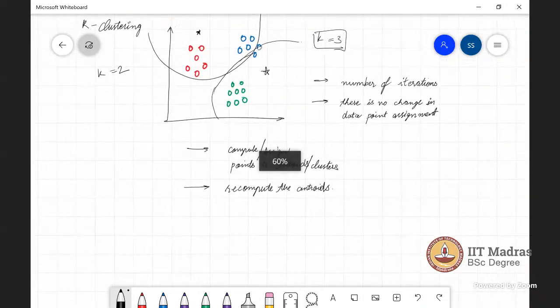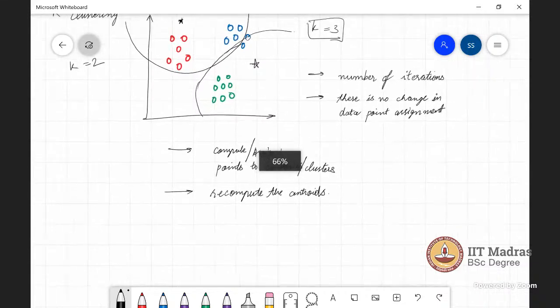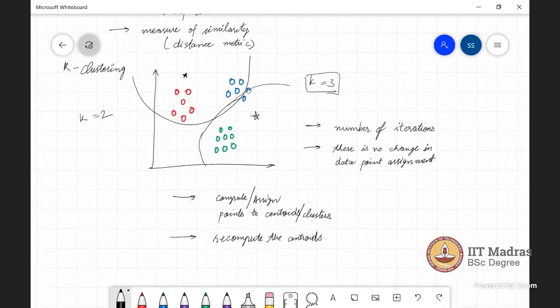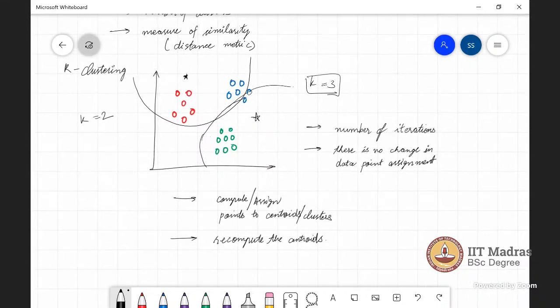So now we know how the algorithm works. Maybe after 2 or 3 iterations, or after converging, since we are forcing this data set to be divided into 2 clusters, we might not get a very good clustering out of this algorithm.